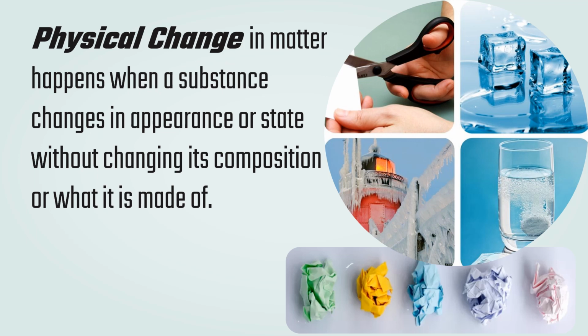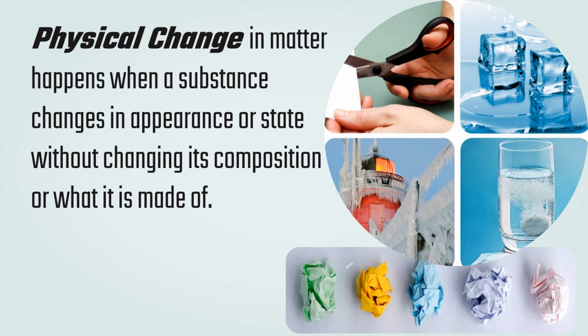Matter can be changed in many ways without changing its composition. This is called physical change in matter. It happens when a substance changes in appearance or state without changing what it is made of. You may cut, bend, break, grind, split, crack, or crush a material, but the material remains the same.